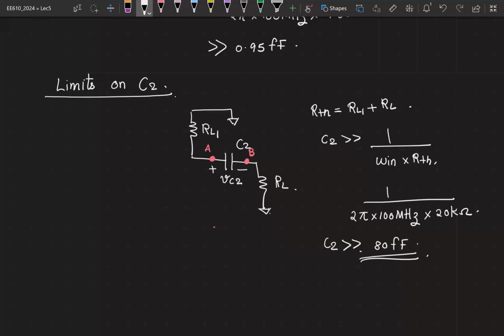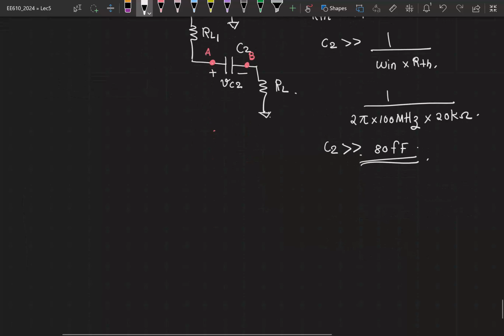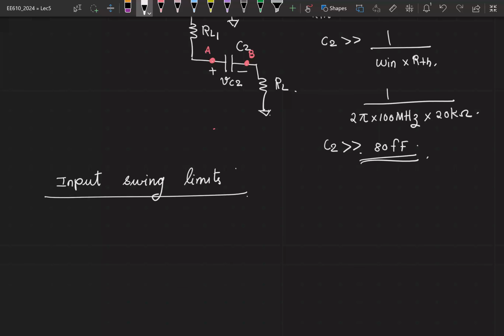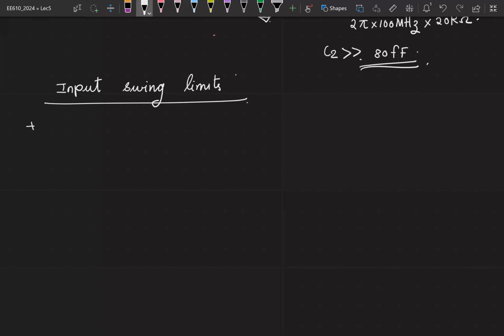Okay. And finally, before we start feeding in the input, we need to know how large an input we can feed in. So let's quickly calculate the input swing limits. So during the positive input cycle, the total VGS is going to increase.